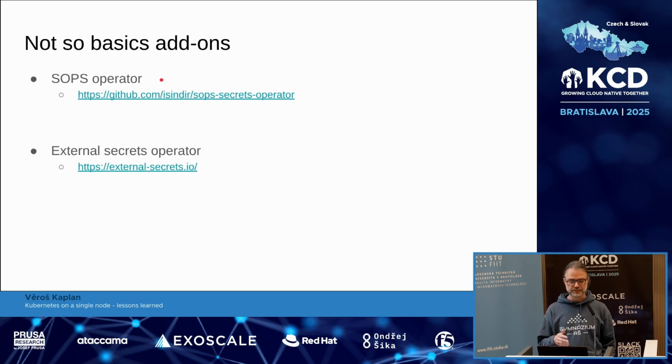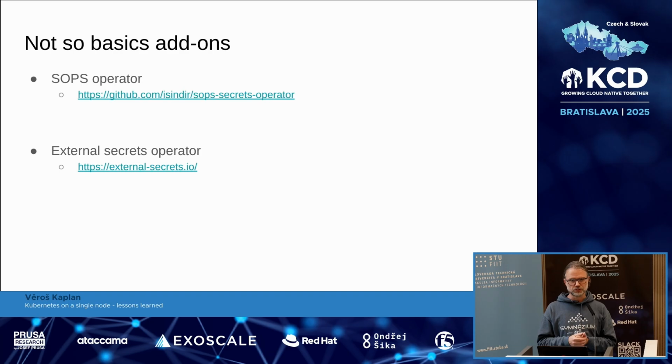Now, the not-so-basic add-ons we are using. I really like the SOPS operator. It's an operator for managing secrets. Not all customers have their own secrets management solution. So SOPS is a solution which allows you to store your secrets encrypted in a Git repository.